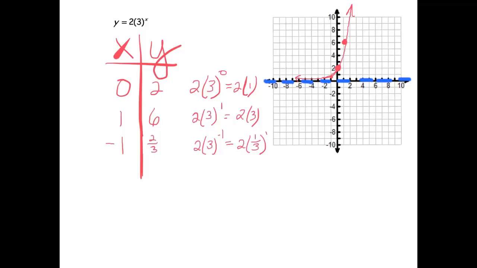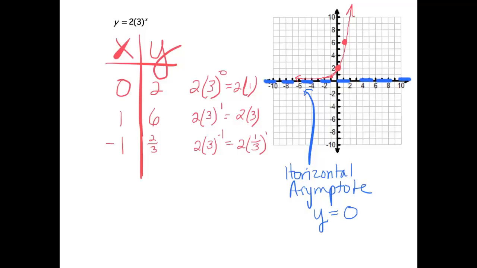And it's like an invisible part of the graph. What that represents is the value that this graph is getting very close to. So this is a horizontal line, a horizontal asymptote. Check out the spelling here. At y equals 0. That's where the line is. And the reason that happens is because if you keep going in your table with negative values, watch this.